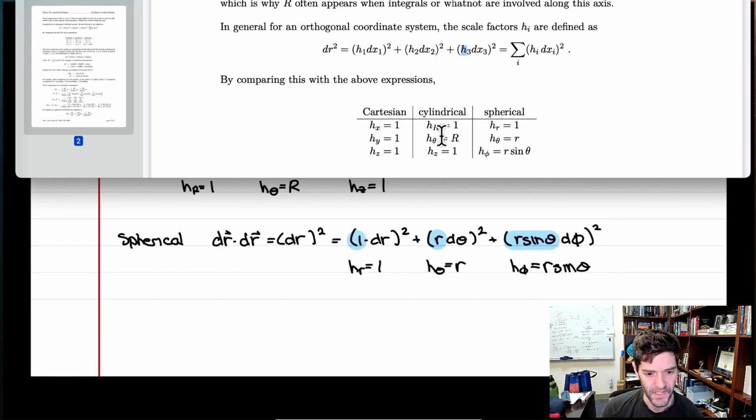Just summarizing what I'd written out earlier, we showed that for Cartesian, the values are just 1, 1, 1. For cylindrical coordinate systems, it was 1, r, and 1. For spherical, it is 1, r, and r sine theta, the 3 scale factors in this case.